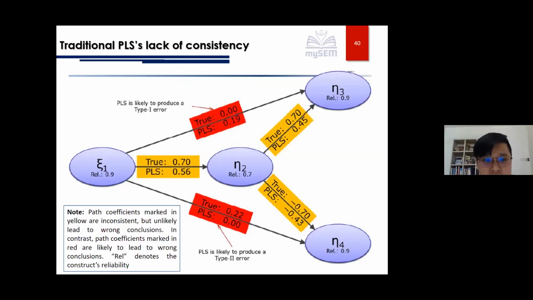As you can see, the arrow that is highlighted, if I use traditional PLS, it tends to be significant where the beta value is 0.19. But if you use a true reflective estimation, which is PLS consistent, it can get 0.00, which means not significant. That's the reason you could sometimes have inflated and deflated values in terms of your path coefficient, especially when you measure a true reflective construct.